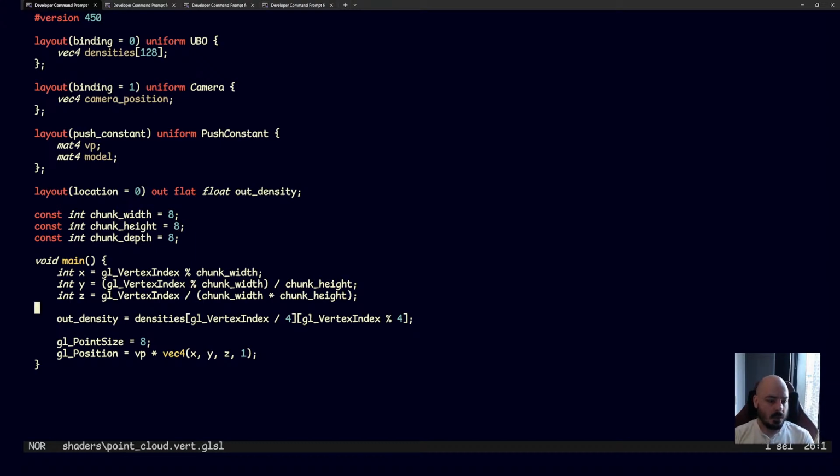The weird thing is, I would have expected more values. So what if I do this? Plus, the only thing that I can see that's changing here is the vertex index. So I'll do vertex index mod 4 again.